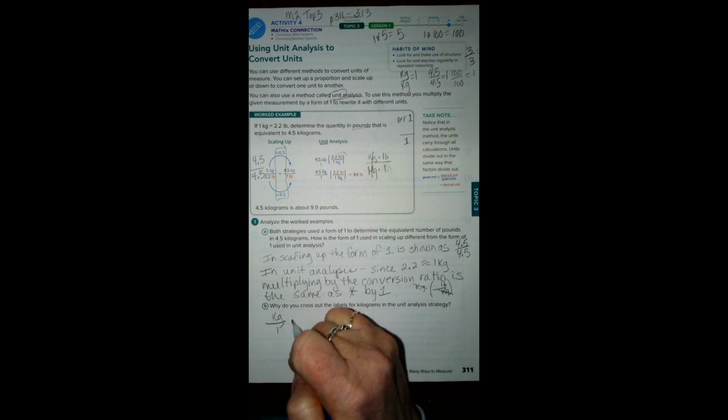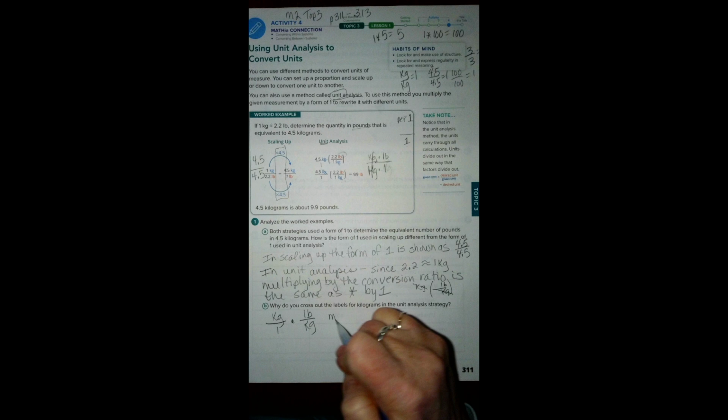So we have the kilogram over the kilogram. Those cancel out. So that is the conversion of 1. Why do you cross out the labels for kilograms? So a kilogram over 1 times a pound over a kilogram means kilogram over kilogram times pound over 1.